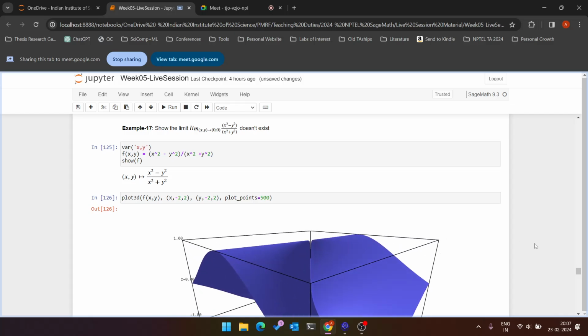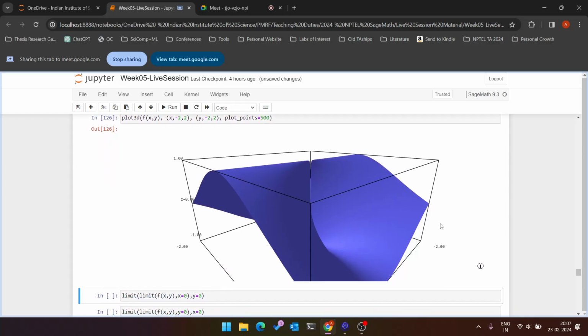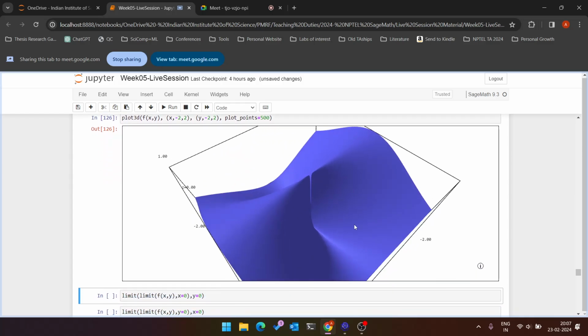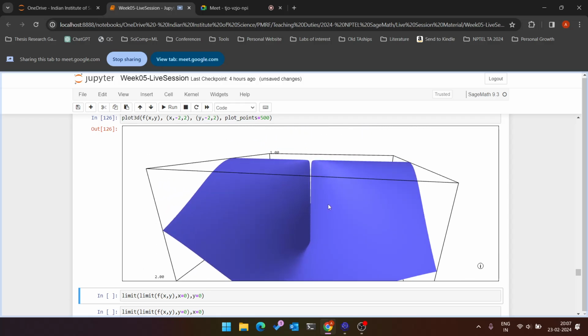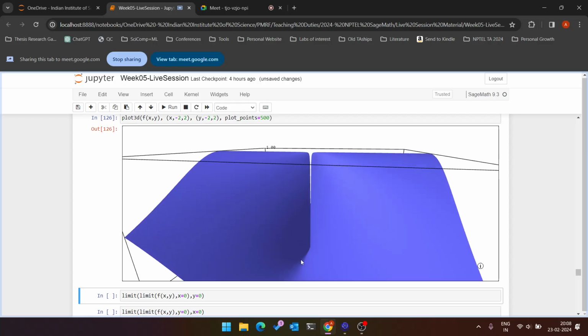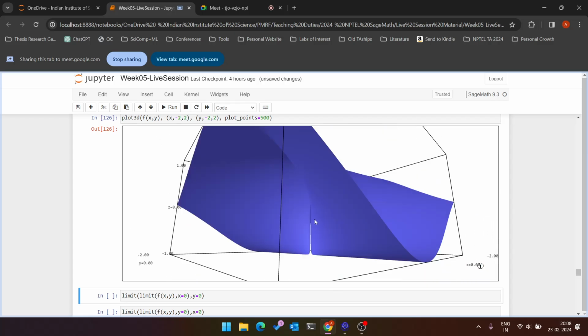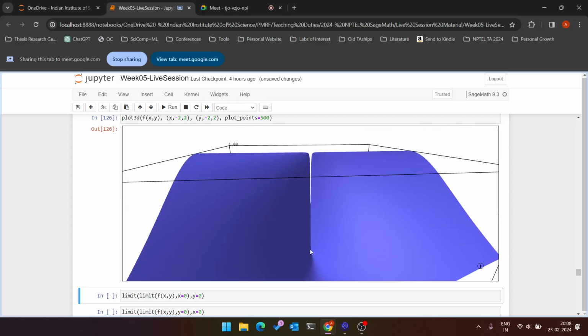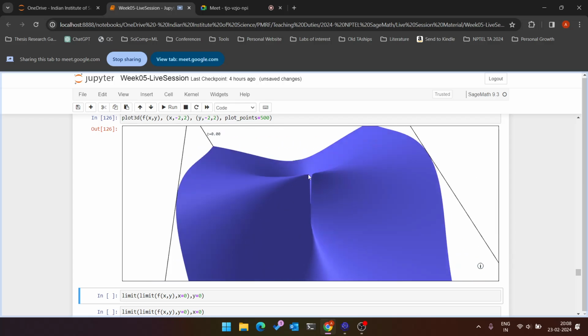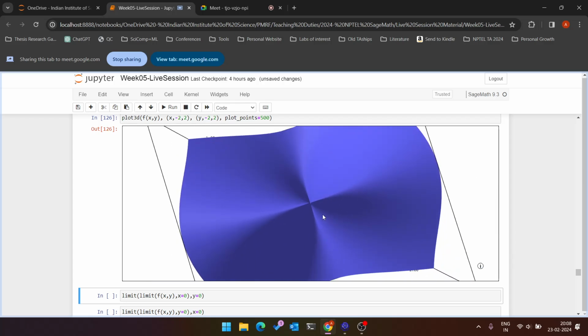At first glance, it does look smooth, but if you look from the top, you can see something is off. It's coming, and then rapidly dropping. Whereas if I look from the other way around, it seems to be smoother.